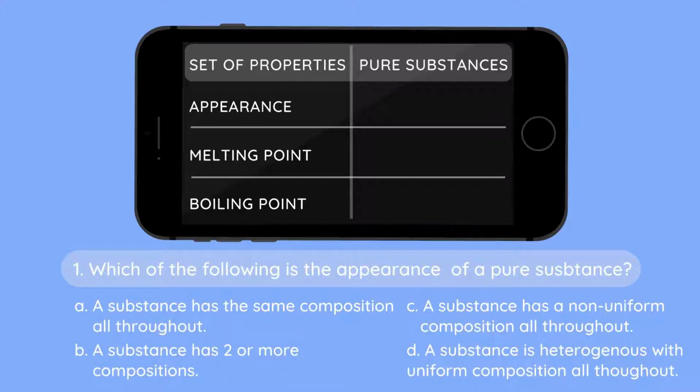A. A substance has the same composition all throughout. B. A substance has two or more composition. C. A substance has a non-uniform composition all throughout. D. A substance is heterogeneous with a uniform composition all throughout.